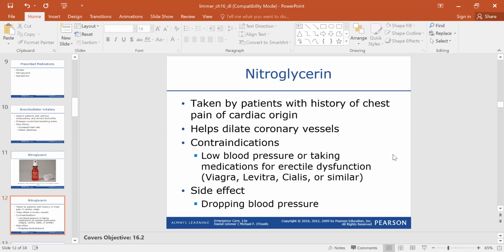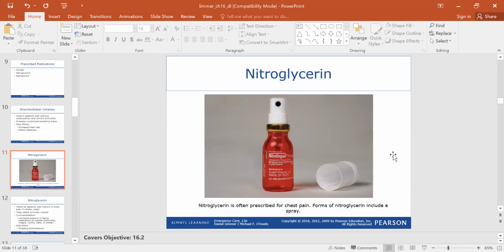Okay, so taken by patients with history of chest pain, we talked about that. It helps dilate the coronary vessels. We talked about that. Now, if it's a vasodilator, that means that the pressure inside your vessels is gonna go down or up if the container gets bigger but the fluid remains the same?